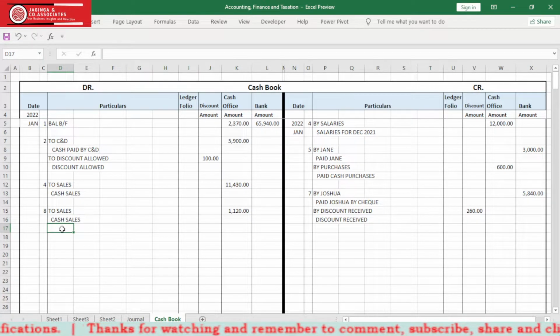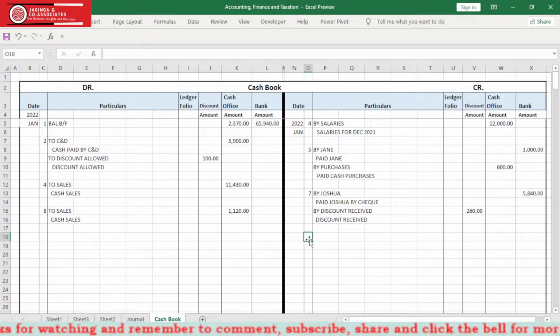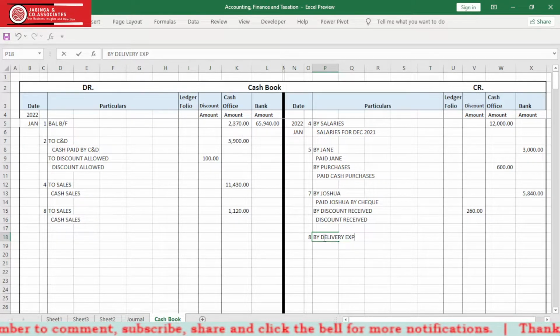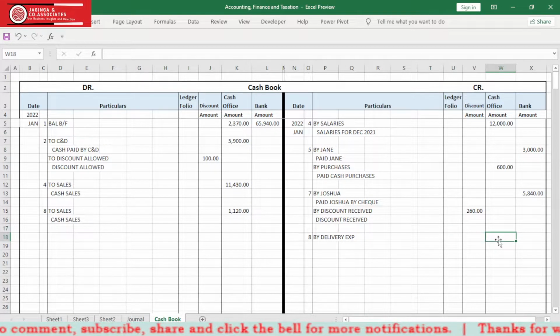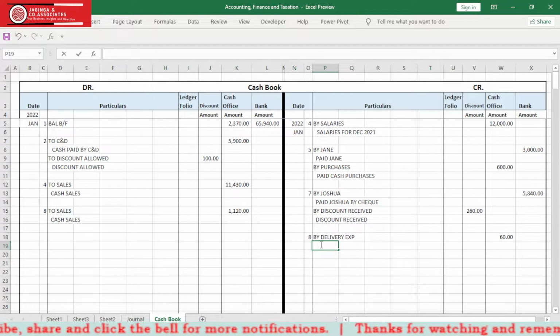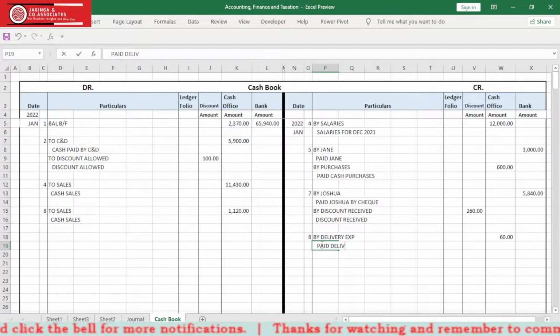Then on the same 8th, paid delivery expense. Delivery expense was paid in cash of 60. So here we narrate: paid delivery expense.